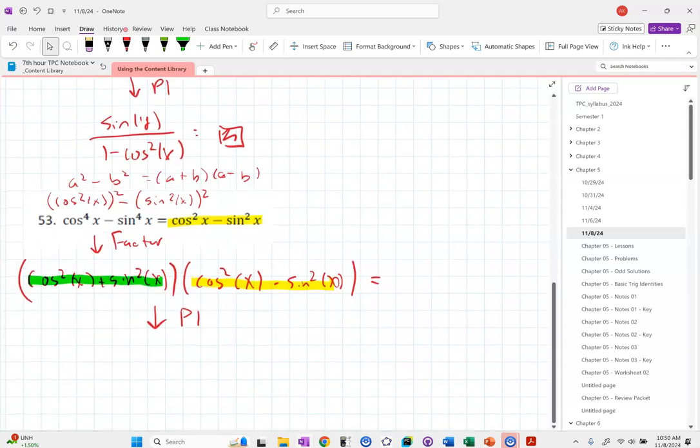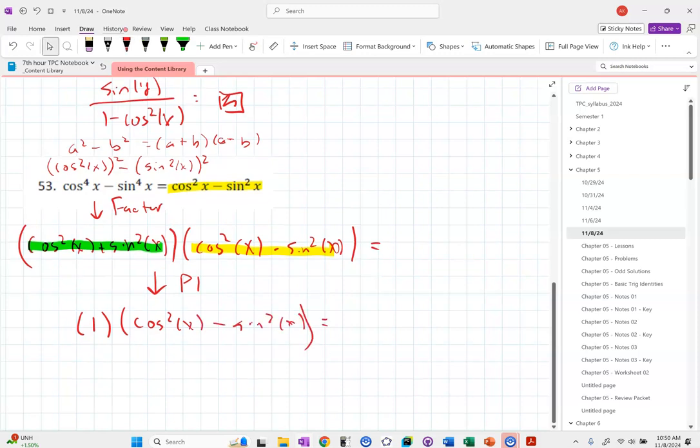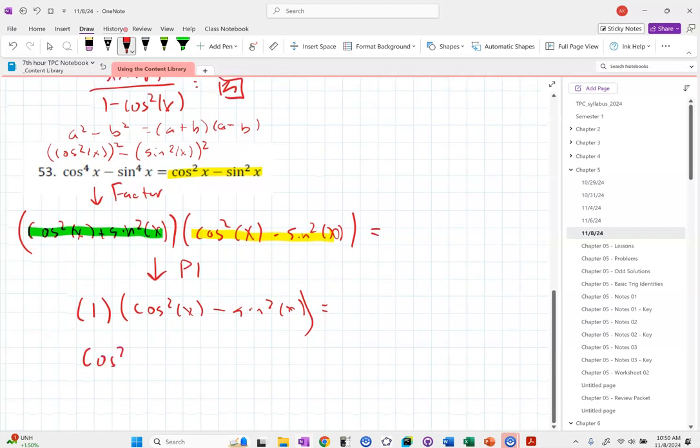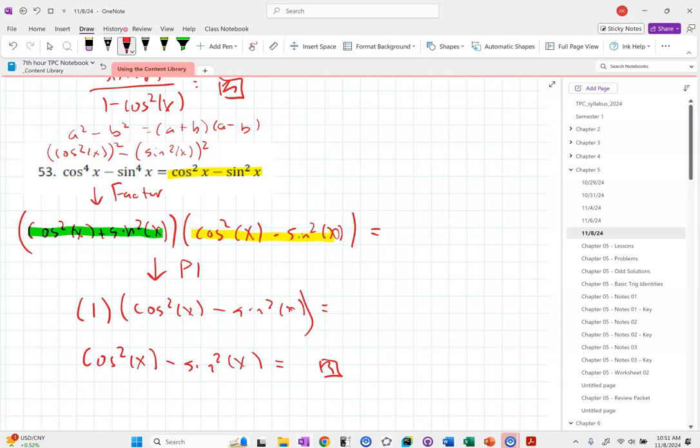Sine squared plus cosine squared is 1. And 1 times anything just doesn't do anything, right? It's an identity. So I'm left with the right-hand side. So it's a factor and 1 identity, boom, gone.